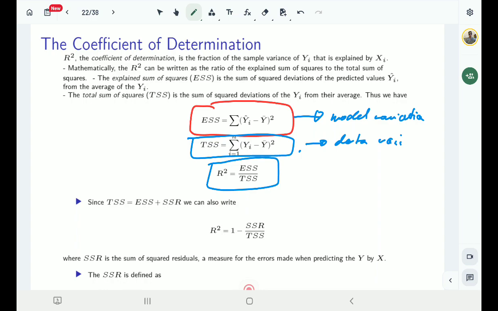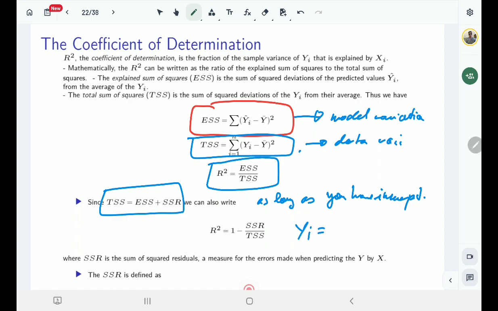As simple as that. But keep in mind that as long as you have included the intercept in the model, then TSS is going to be equal to ESS plus SSR. Okay, because it may happen that instead of calculating the model like this, beta 0 plus beta 1 SDR, you may opt to drop beta 0 and calculate the model without the intercept.